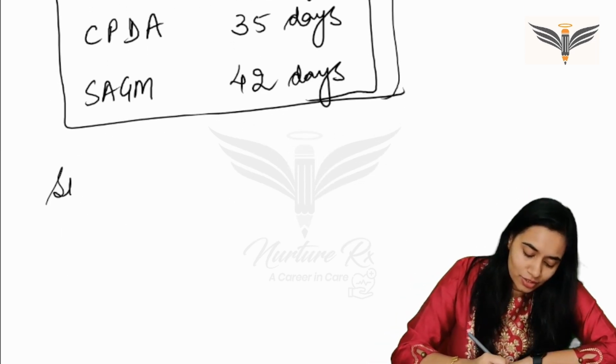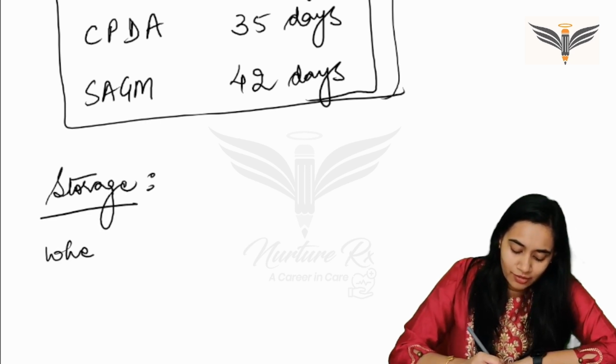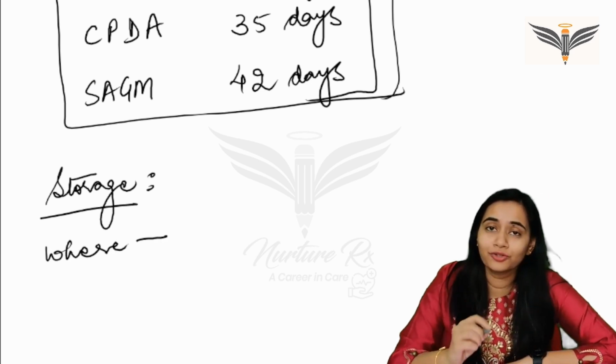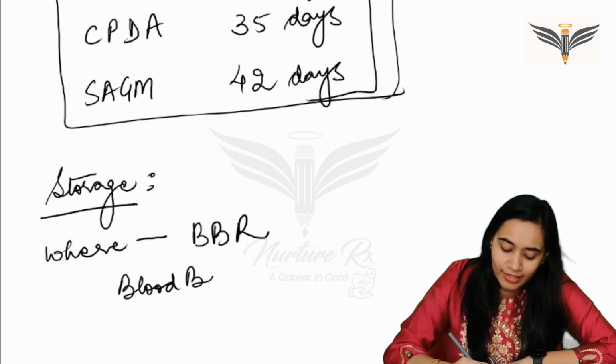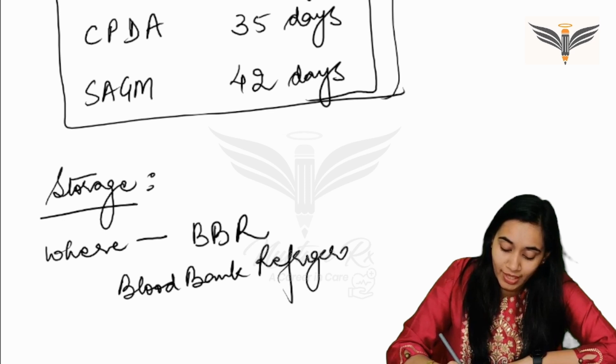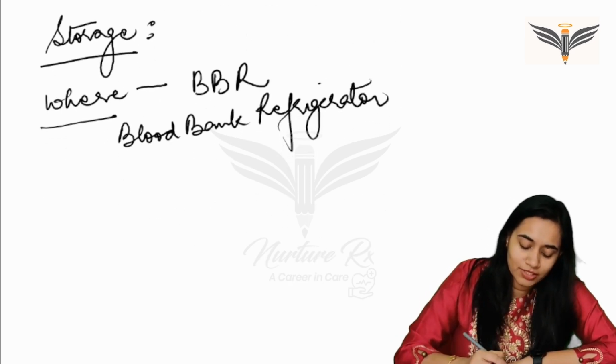Next is your storage. So first is storage where. So where do you store it? You store it in something called BBR, which is your blood bank refrigerator. Okay. And storage, two things. First is where and at what temperature.